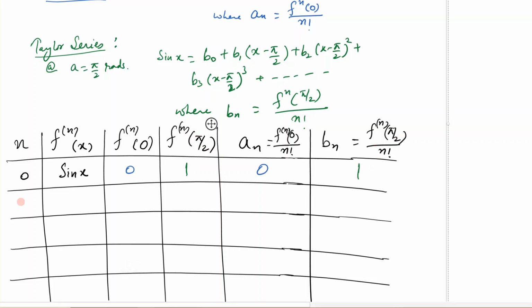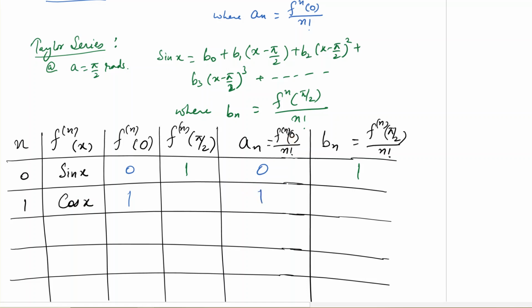Then for n equals 1, the derivative of sine is cosine x, and for 0, cos 0 is 1. So the value of the first derivative at 0 is 1, and a1 is 1 over 1 factorial, which is again 1.